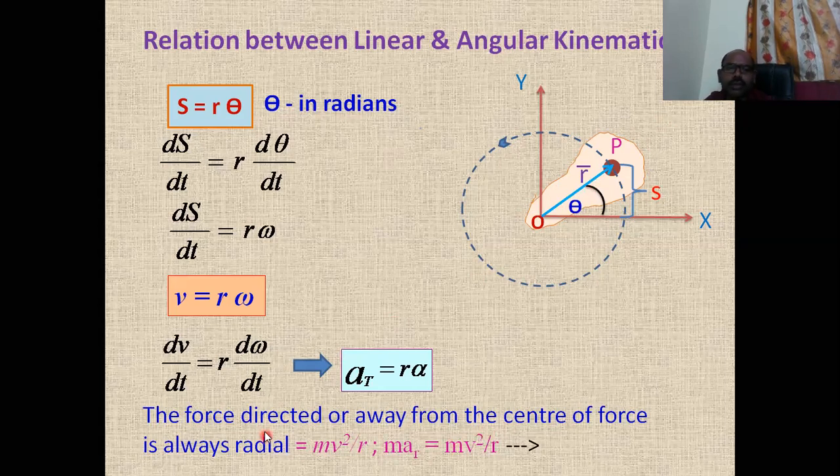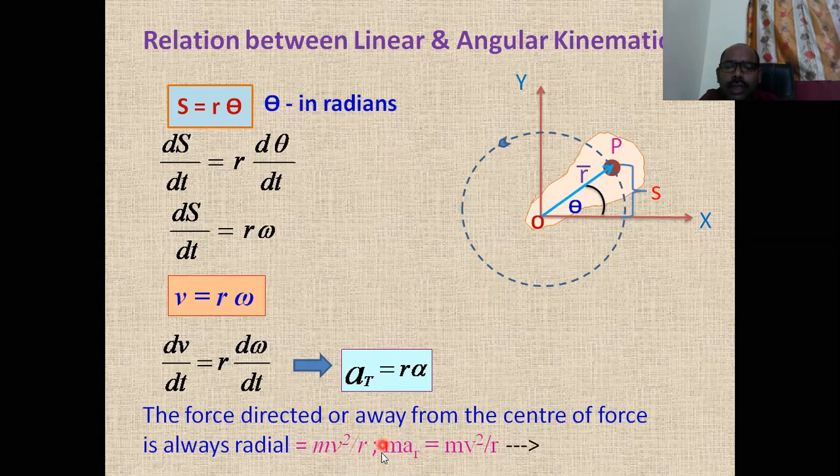That is the radial force. And that force is either centripetal force or centrifugal force. The centripetal or centrifugal force equation is given by mv square by r.